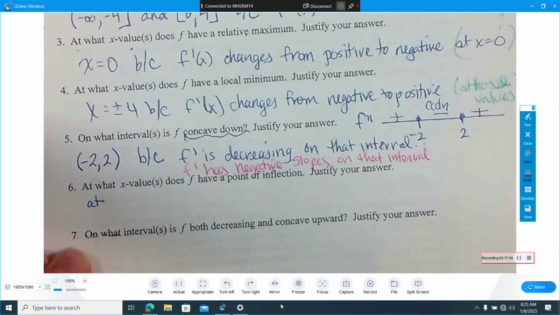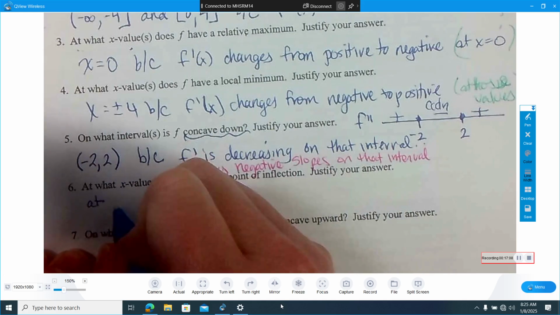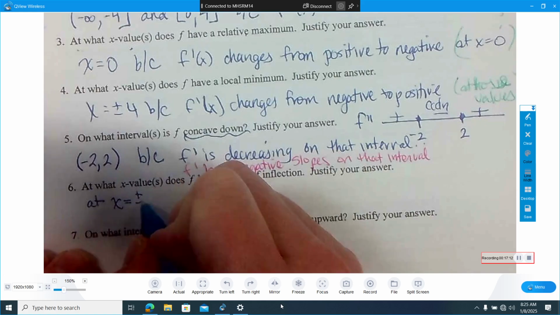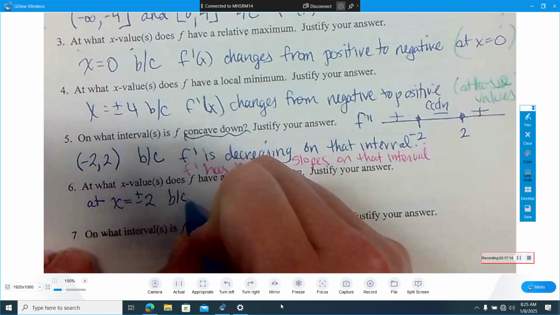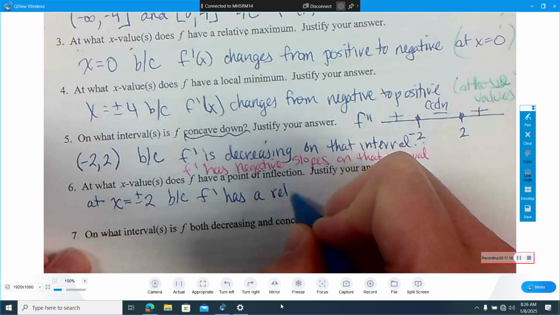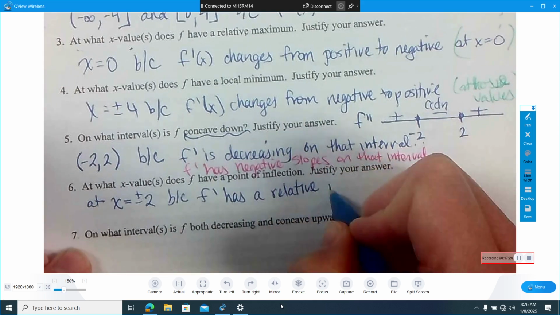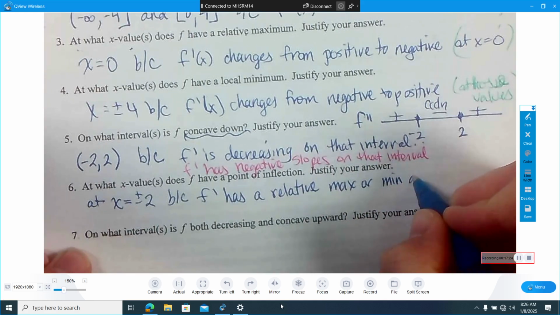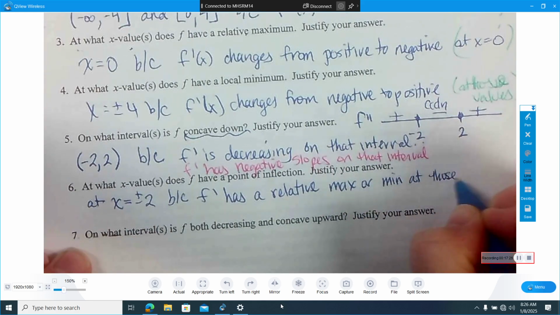Oh, but you know what you could say? Here's one way you could say it: x equals ±2, because f prime has a relative maximum or minimum at those values.